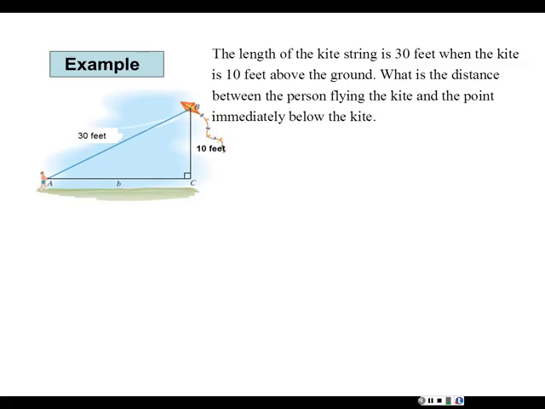So just take the other two sides, 10 squared and b squared. Now it's quite simple to solve for b. b squared is going to be 30 squared minus 10 squared, which is 900 minus 100, and then b is going to be square root of 800 feet.